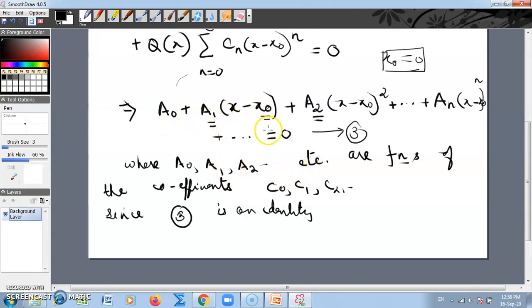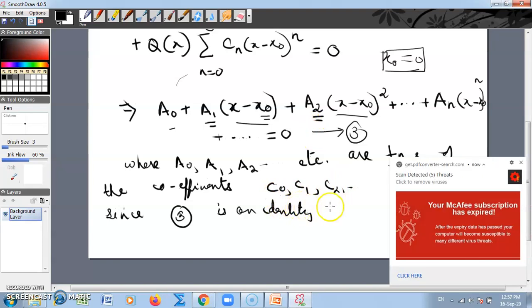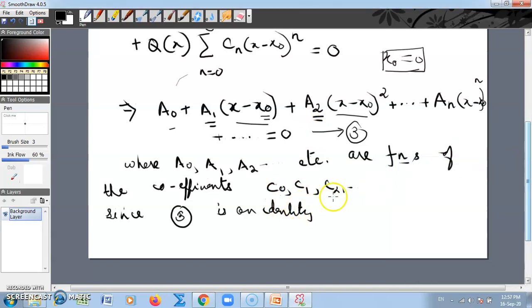You see, on the right hand side we don't have an (x minus x0) term, and we don't have this on the left. So we get a0 is equal to 0, a1 is equal to 0, a2 is equal to 0. But then we know what a0 and a1 are. They are combinations of the c's. As a result, we get the answers to the constants. So I'll stop here and we'll do a numerical in the next part of my class.